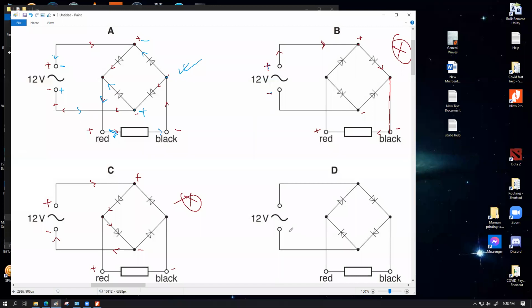As for the D option, let's try the same strategy. Positive and negative. Top is positive and negative. Current comes in here. Current flows in here. Now you can see current could possibly go down. Current could possibly go this way. This is the negative end. In which direction is the current flow? Does the current go to the resistor or does the current flow through the diode? Which one is the least resistance path? For the diode.